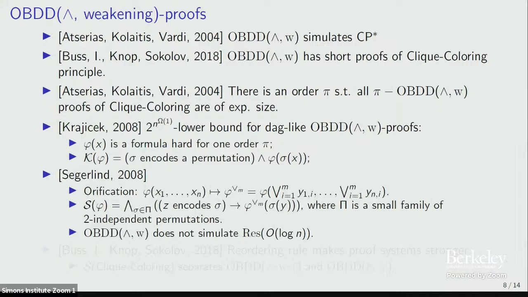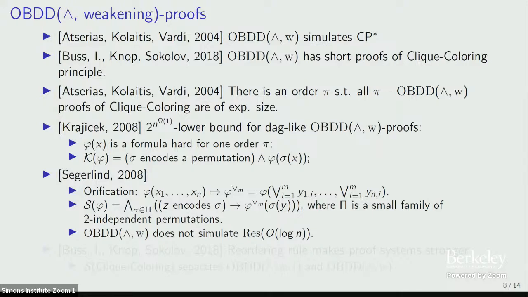A very nice extension of this approach was proposed by Segerlind. Segerlind also defines a transformation with the same property, but it has some additional important properties. First of all, Segerlind considers a refutation of the initial formula with any variables substituted by an OR of many other variables.